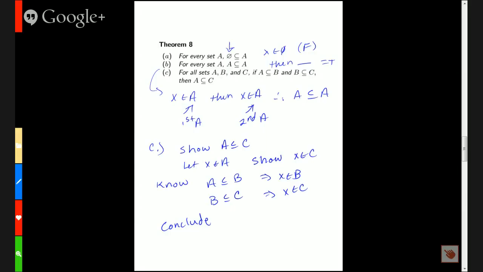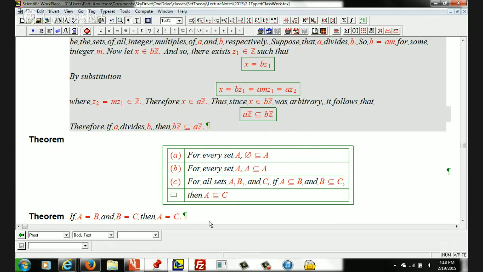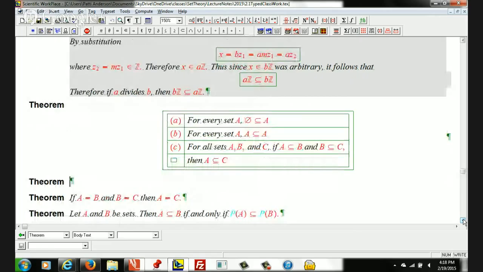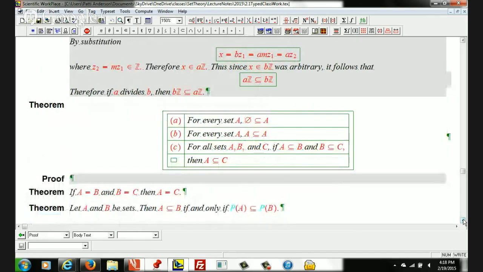So that one, I just have to go this way to get to it. We're just going to prove part C right here. What's the hypothesis statement?